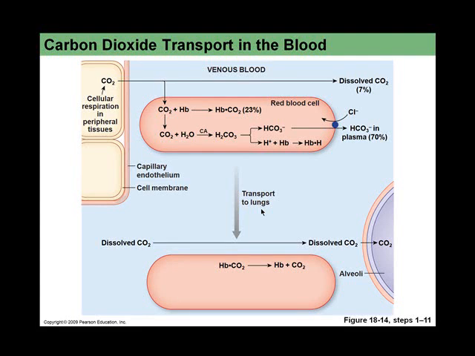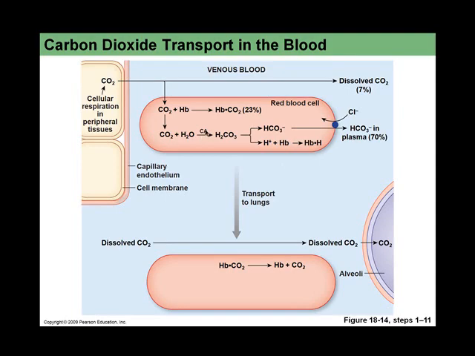So in other words, if you were asked what are the forms of carbon dioxide for transport, it would be the carboxyamino hemoglobin, or bound to hemoglobin, and as bicarbonate in the plasma, but it results in protonated hemoglobin as well.